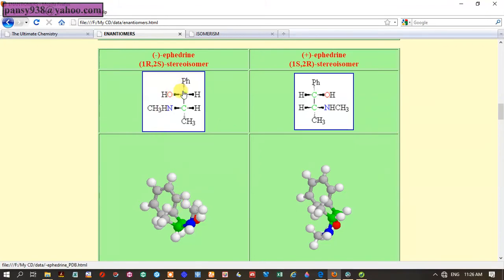You see that phenyl is at the backside in both cases, OH at the left side, and in this case OH is at the right side. Similarly, the amino chain of the compound is at the right side, and this is at the left; both are mirror images of each other.